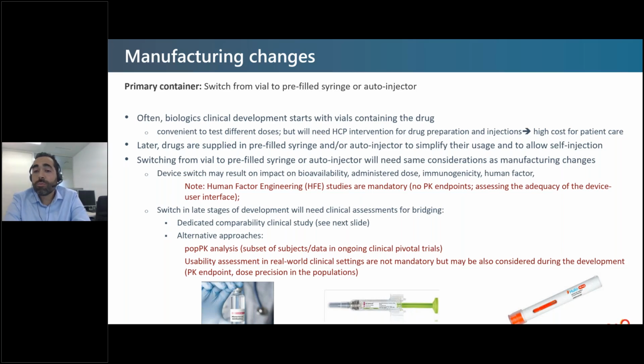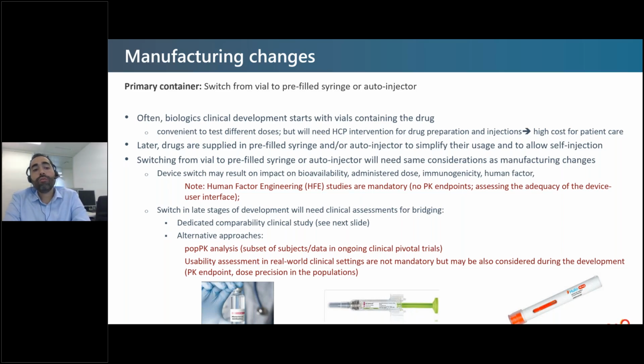The immunogenicity could also be different between these devices. And of course, we should also take into account the human factor. So there is variability depending on who will inject the product. So there is a difference between the patient and the healthcare professional in terms of precision of administration.